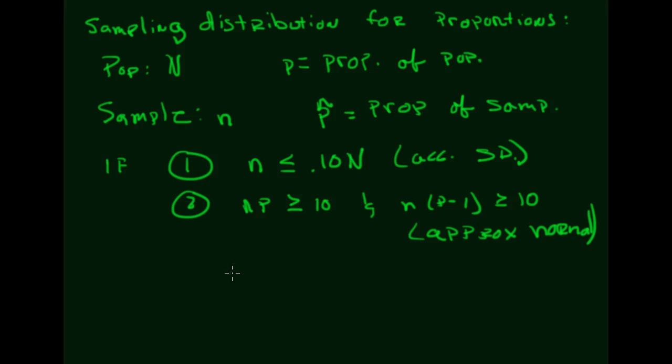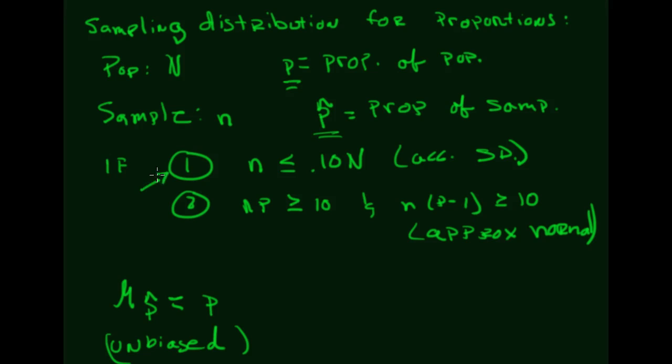Okay, and what we're going to find is that the mean of these samples, so if I keep taking samples over and over and over again, I'm going to get a whole bunch of different p hats, and the average of those p hats should be p. This means that I am an unbiased estimator, which is awesome.